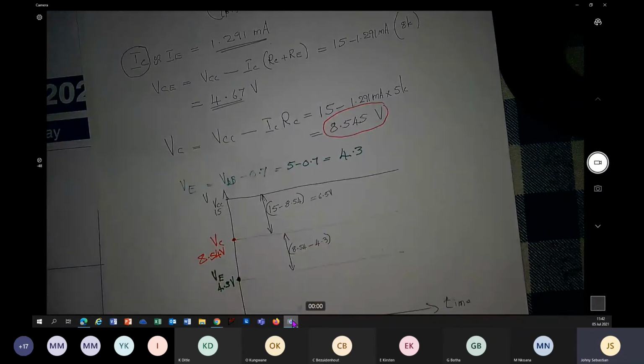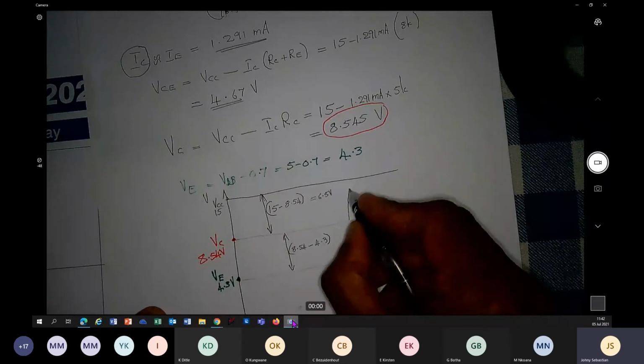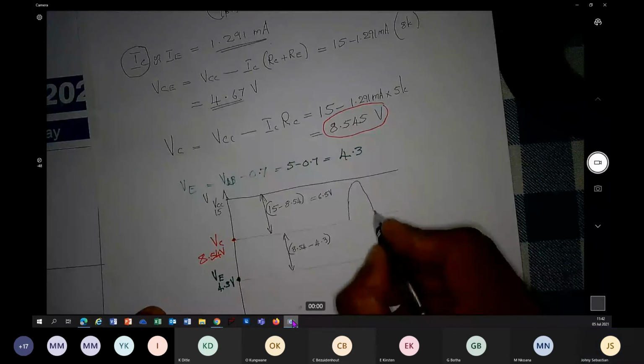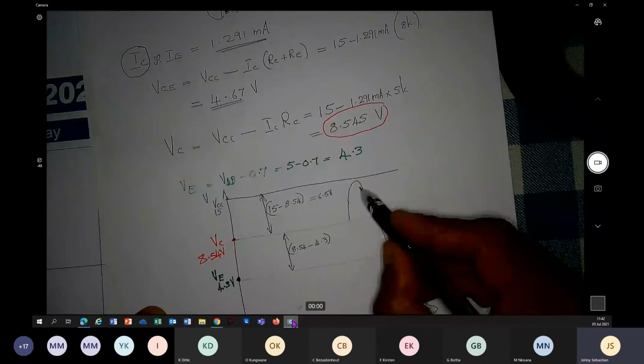Next, remember, this is voltage at the emitter. If the signal is swinging from 8.54 that way and swinging in the reverse direction like this, remember, we need equal signal swing.